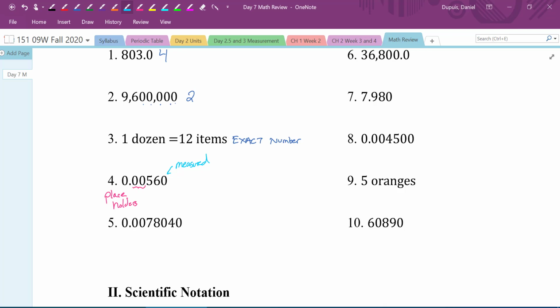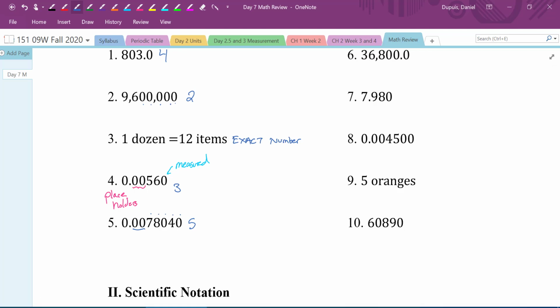It would not put that 0 down because it doesn't change the number value. But this would be like 5.60 milligrams. That would work. So this is 3 sig figs. Same thing with number 5. I have 2 placeholders and 1, 2, 3, 4, 5 measured numbers.